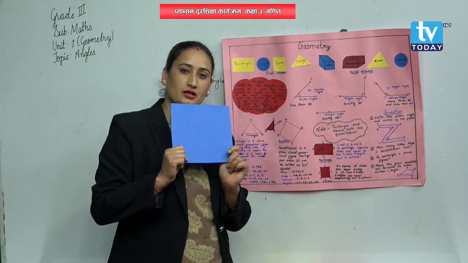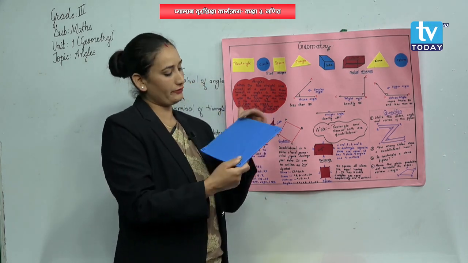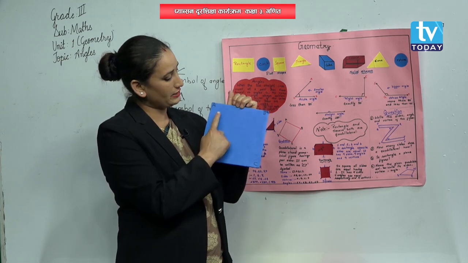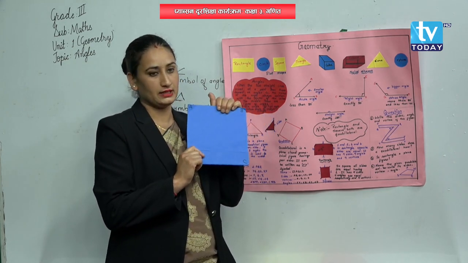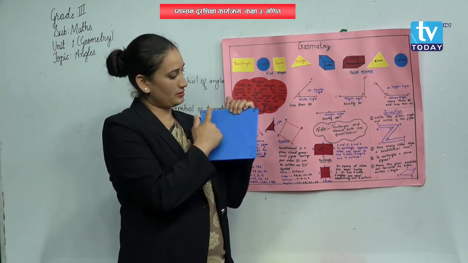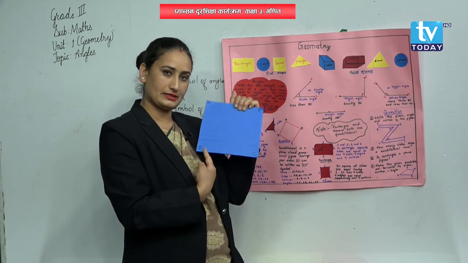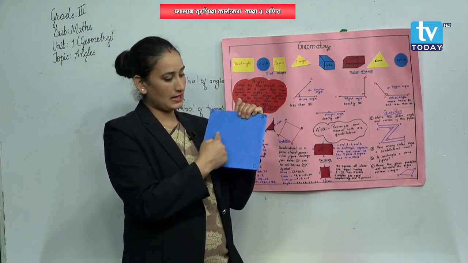Done? So, I hope you can write the name of the square also. Have you seen the name here? I have written A, B, C, D. So write down the name. Can you write? Okay. Square ABCD. And what about sides?